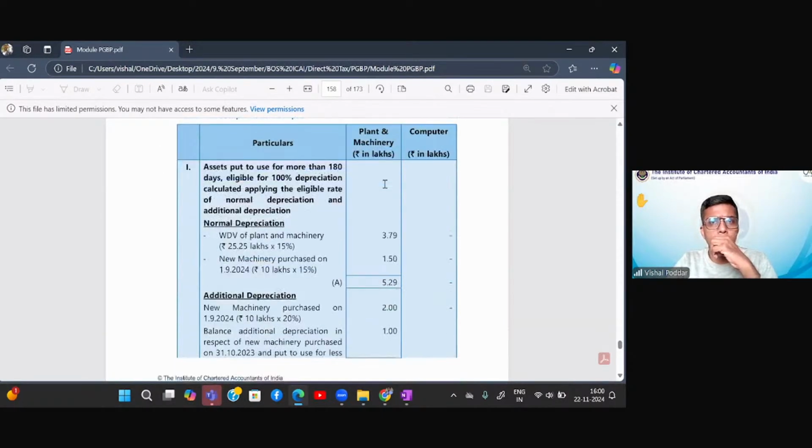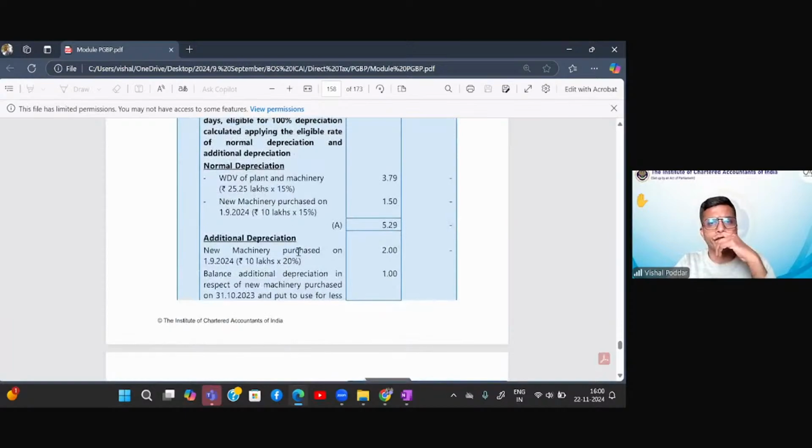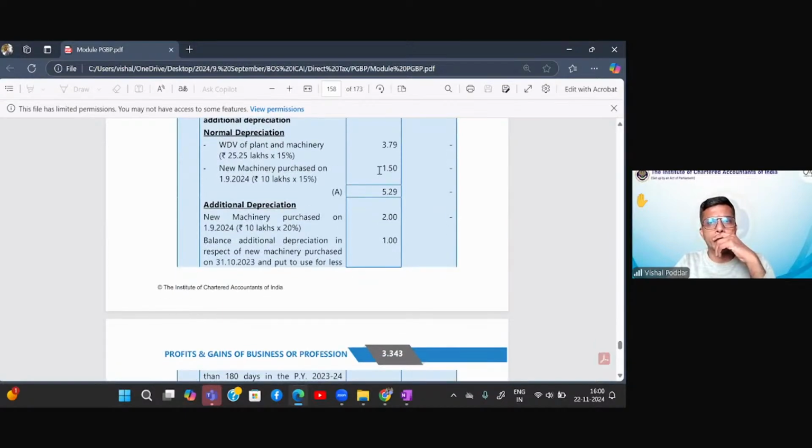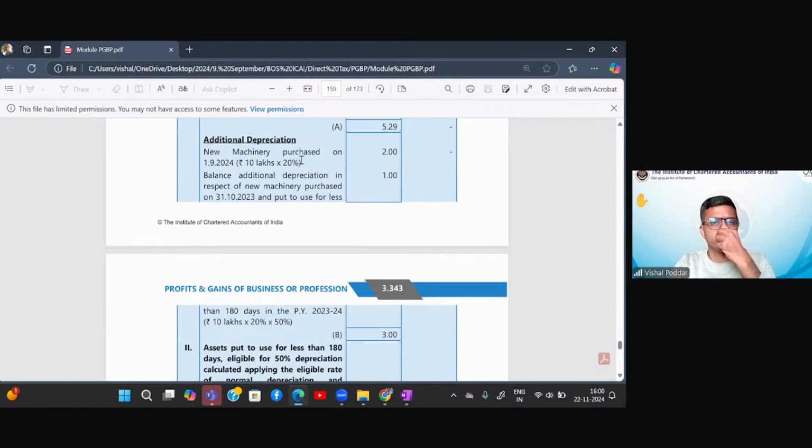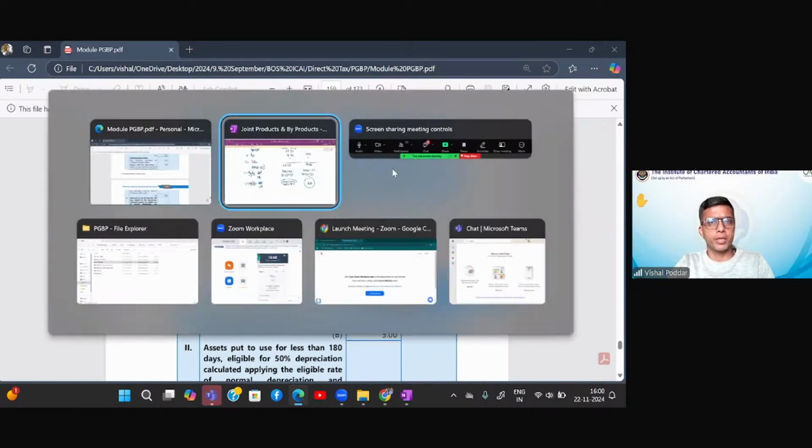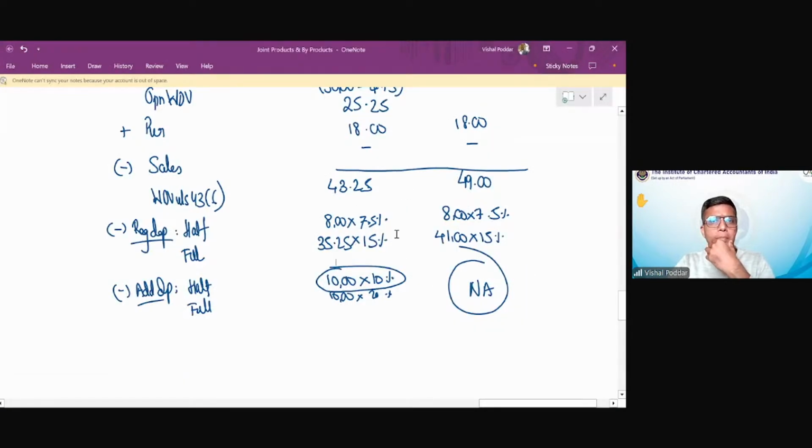WDV is 43.25. So we have also done this. They have just broken it up. Additional depreciation, we have computed 10 lakhs, 20%, and additional depreciation of last year, 10% is claimed in the current year. Fine. So I think our depreciation working is matching with it. There is no problem with the depreciation working.